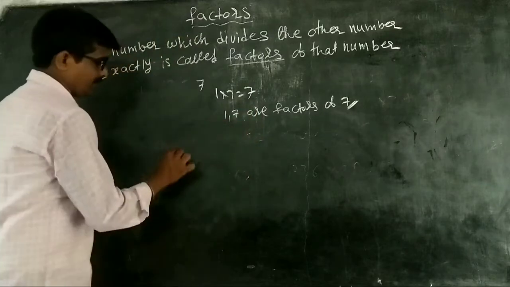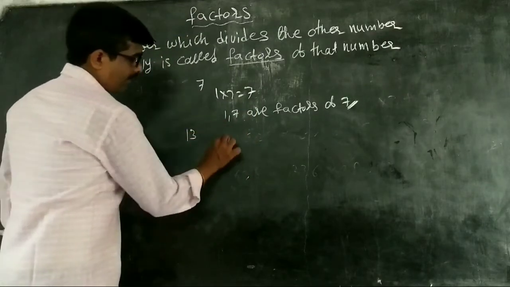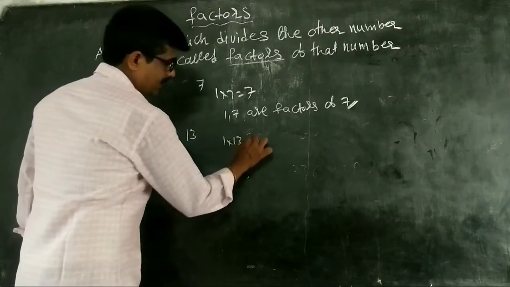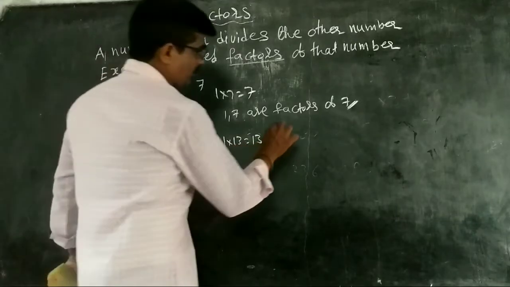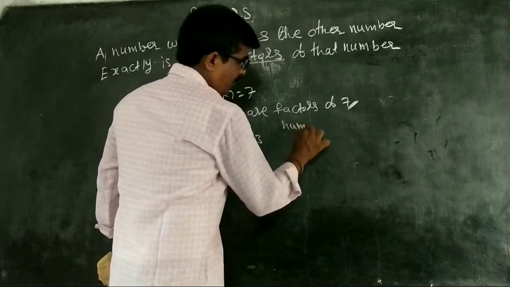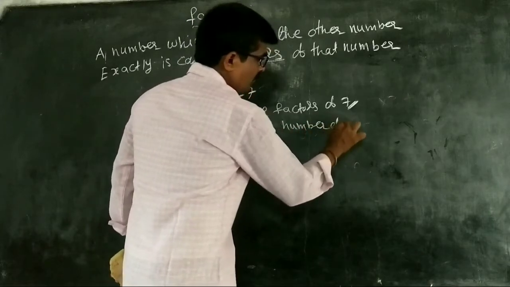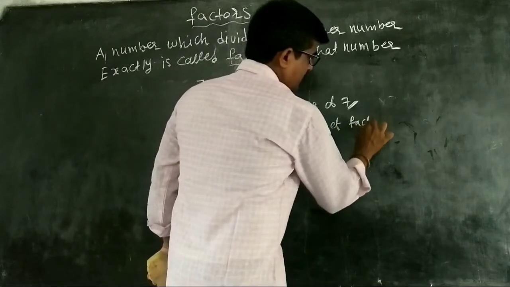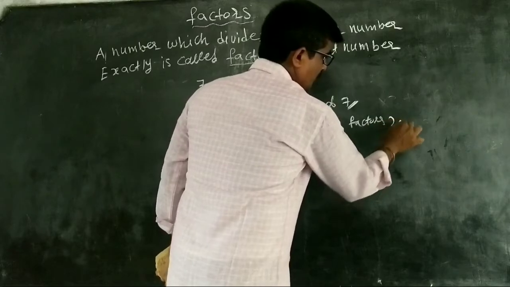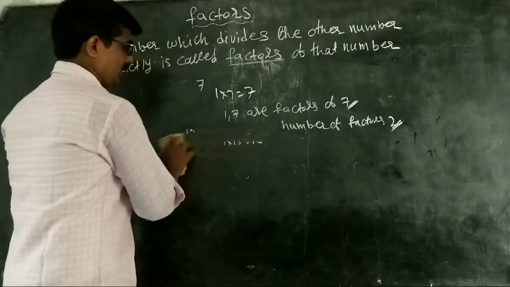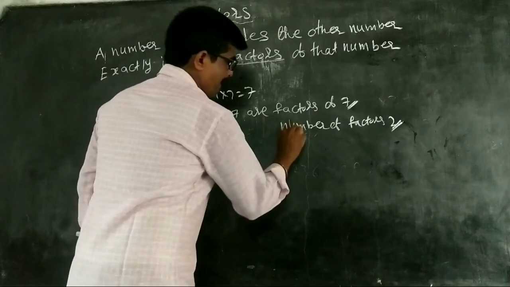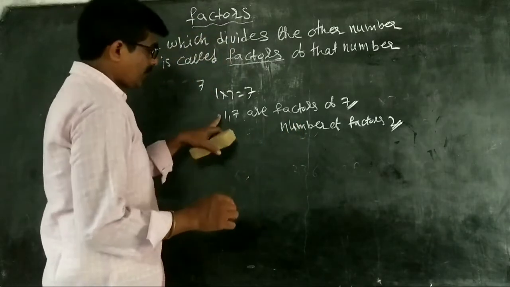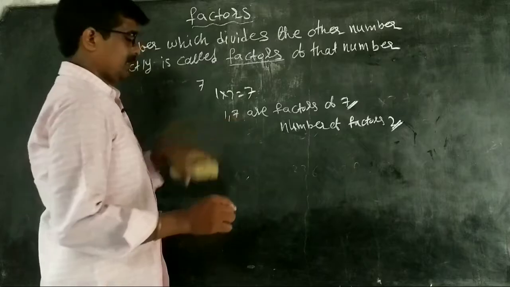Take another number, 13. 1 times 13 is 13. So the number of factors, how many? Only 2 for 7. The factors are 1 and that number.